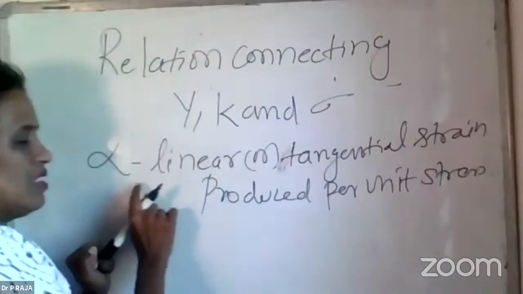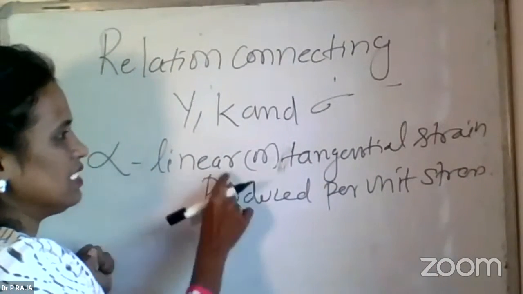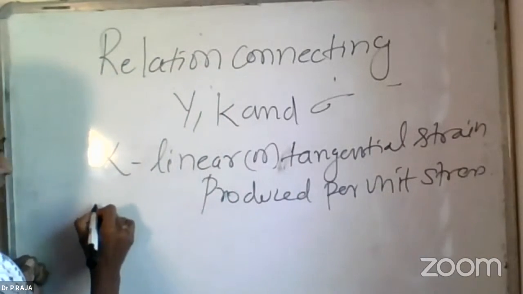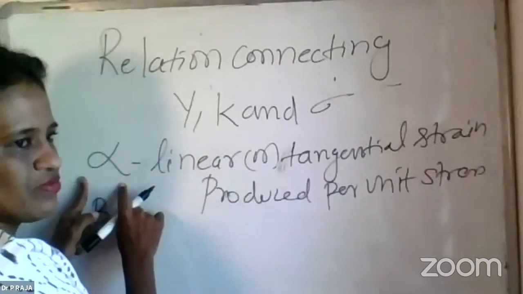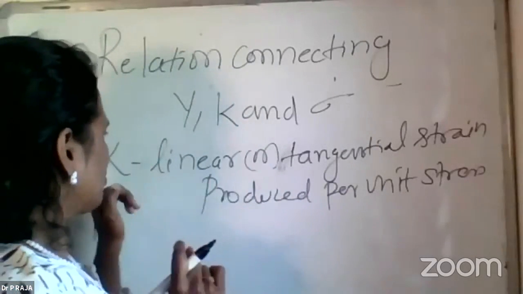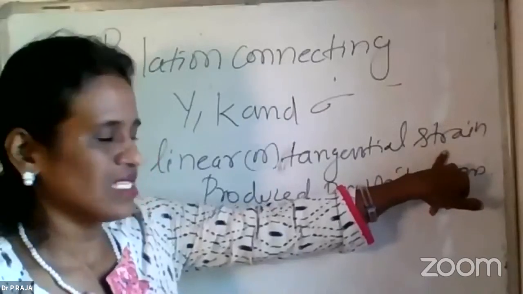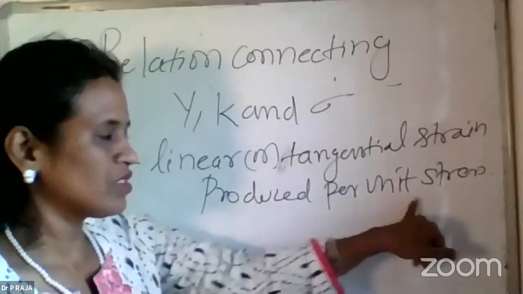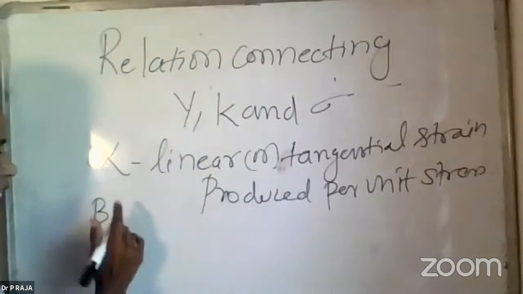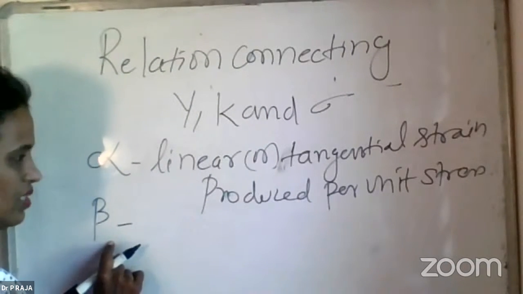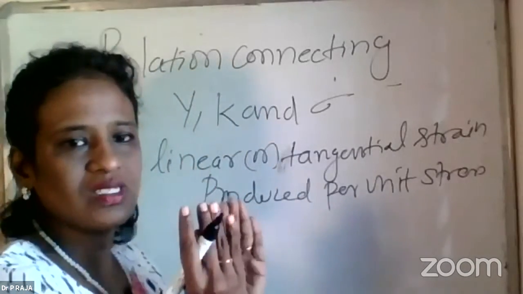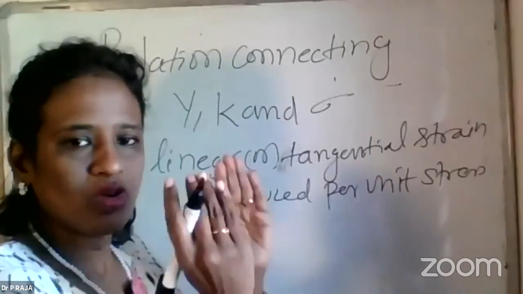If alpha is a linear strain produced per unit stress, the body may undergo a linear strain per unit stress on one side, and simultaneously there will be a compression. There will be a compressive force which will try to reduce the volume or the length.